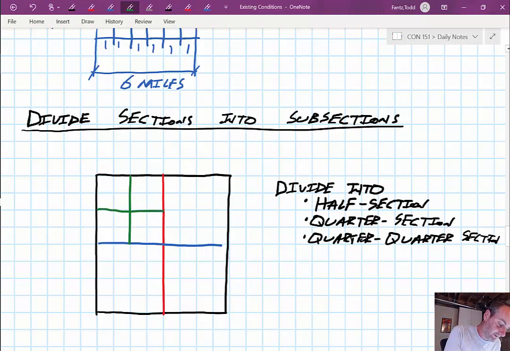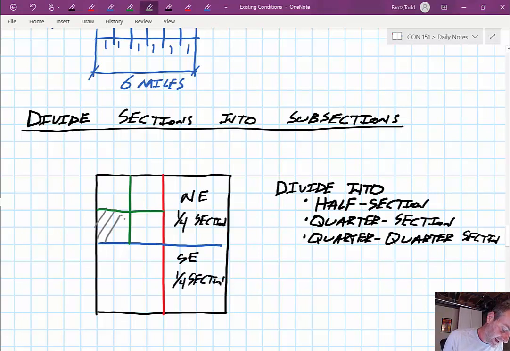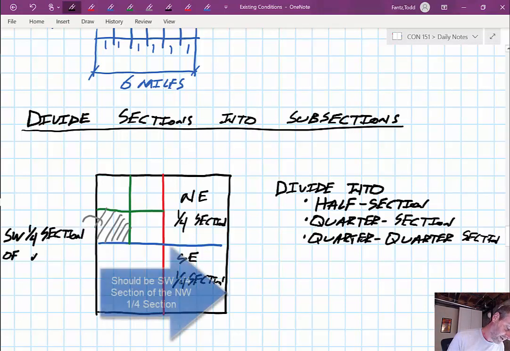And of course you can just label it from north, south, east, and west. So if I were looking at quarters, this would be my northeast quarter section, southeast quarter section. And if I wanted to subdivide that, like say I was looking at this little cell right there, I would call this the southwest quarter section of the northwest section.